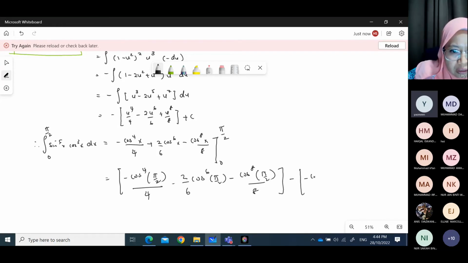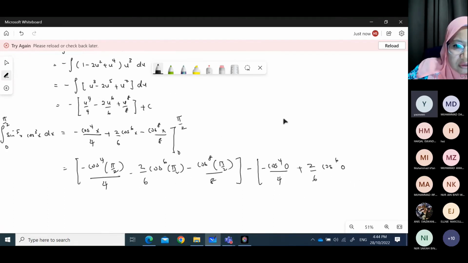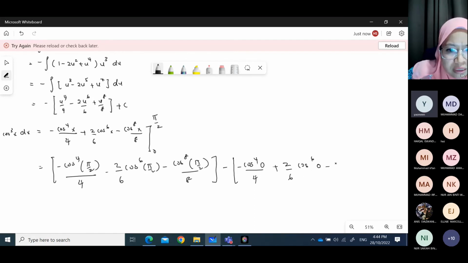So you dapat negative cosine to the power of 4, 0 over 4. So plus 2 over 6 cosine to the power of 6, angle kosong. And then minus cosine to the power of 8, 0 over 8. Okay, so cosine pi over 2 kita akan dapat kosong.